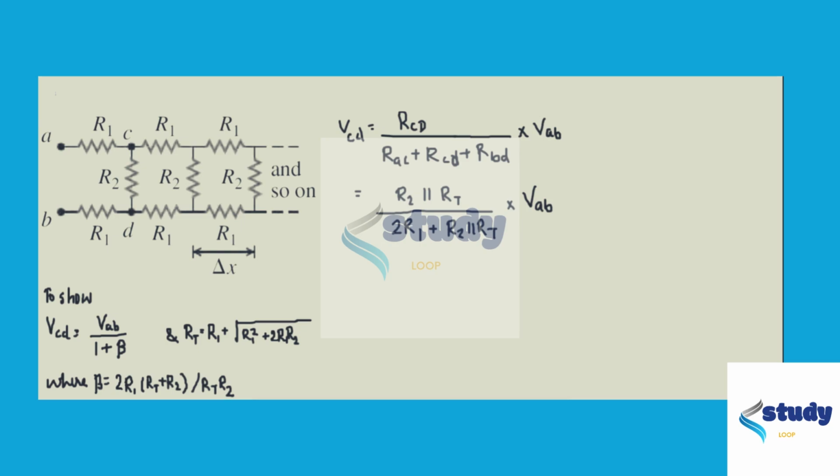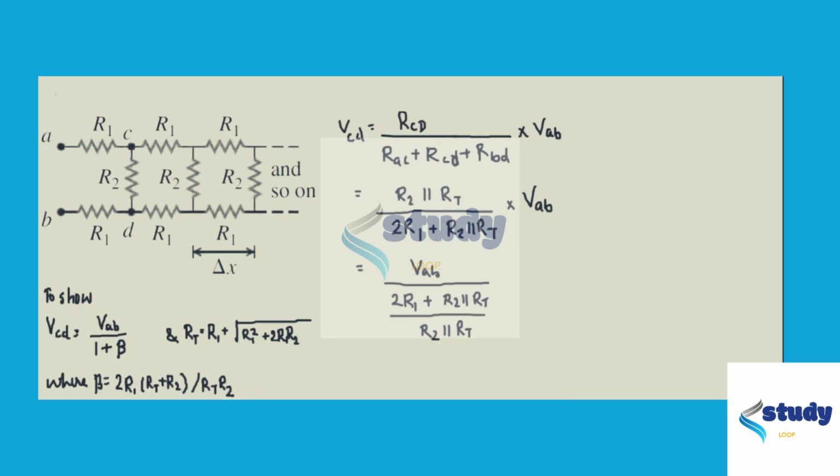Since we need VAB in the numerator, let me write VAB in the numerator and keep everything else in the denominator. So in the denominator, I will have twice R1 plus R2 parallel RT, upon R2 parallel RT, isn't it?